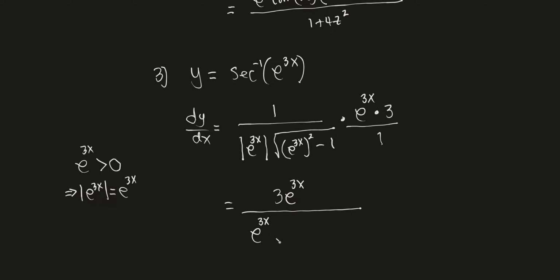And now under the square root, what do we have? Well, to simplify e to the 3x squared, we multiply those exponents and we get e to the 6x. So when we put it all together, here is our simplified derivative of this function, right?